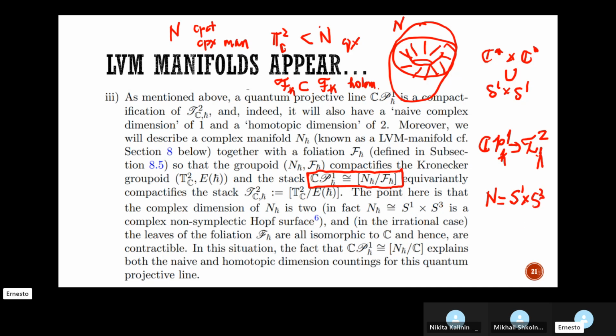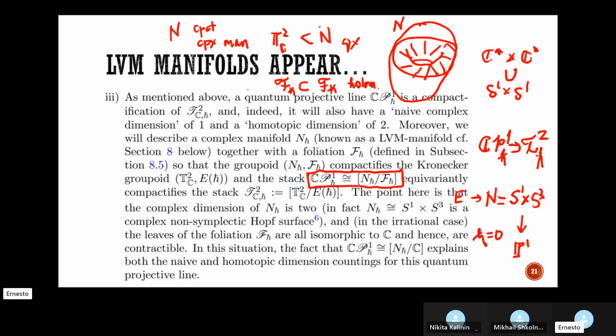S1 cross S3 is an elliptic fibration over P1, classical P1. And this is an elliptic fibration with elliptic curves above every point of P1. We have elliptic curves. And it is very interesting that this is the situation for H bar equal to 0. The classical situation, this manifold is well known, is called the Hopf manifold.